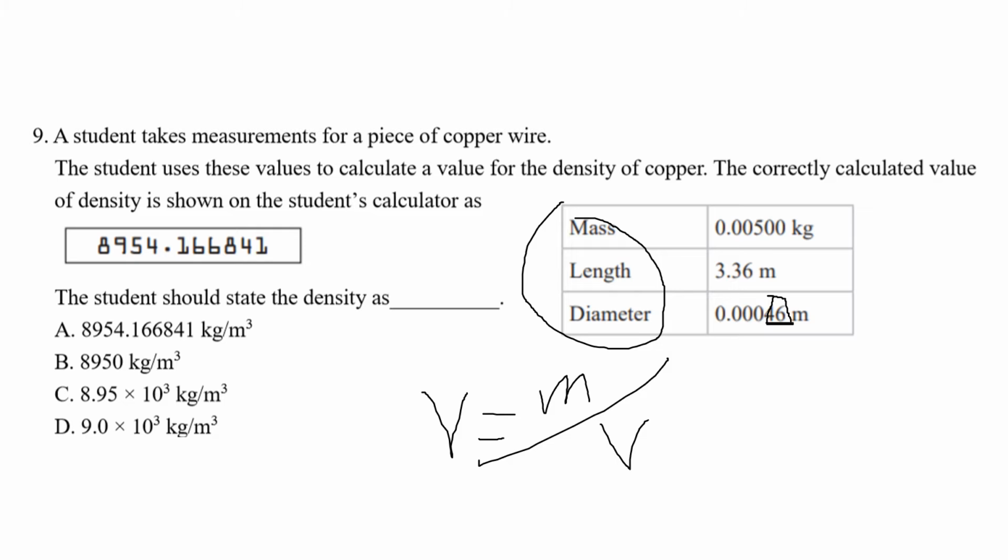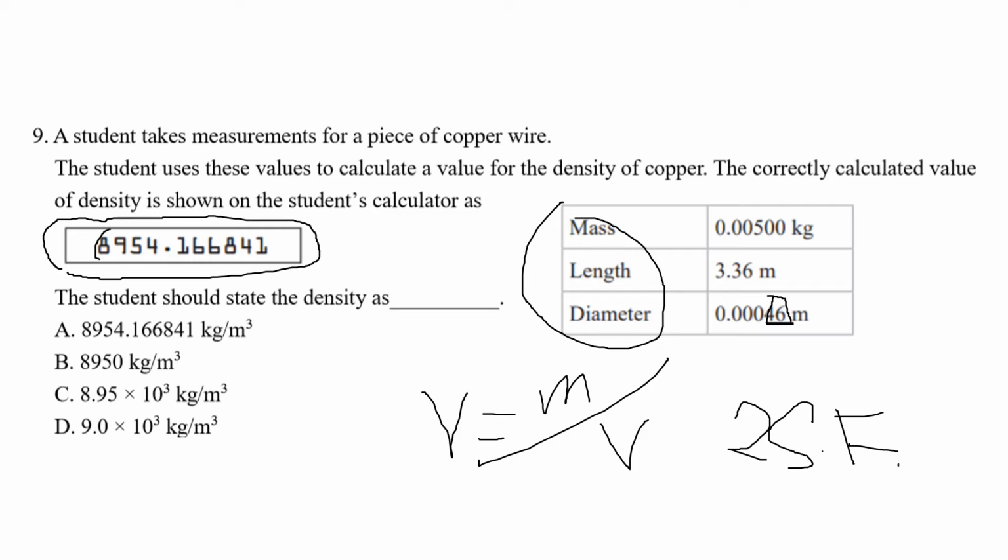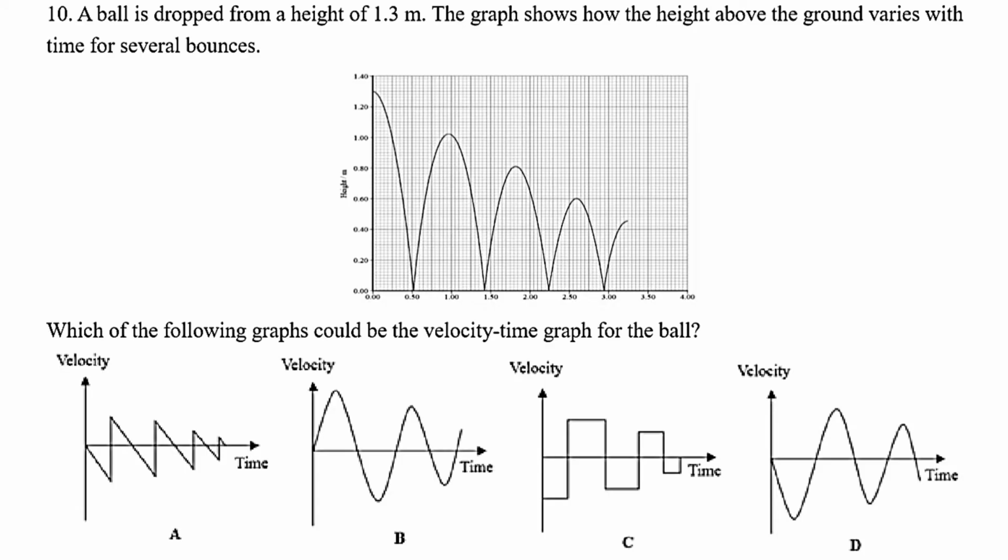So the volume should have two significant figures, so 2 SF should be given. If you convert this number into 2 SF, you just keep the first two, and then it is 5 for the first decimal. Your answer will be 9.0, because you can only show 2 SF for this question.